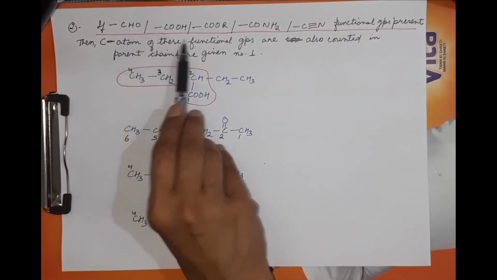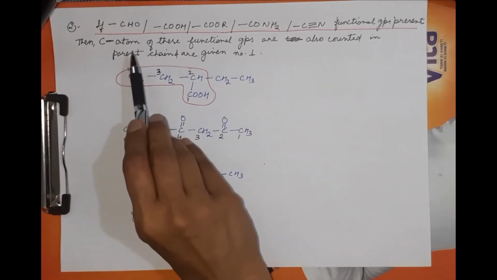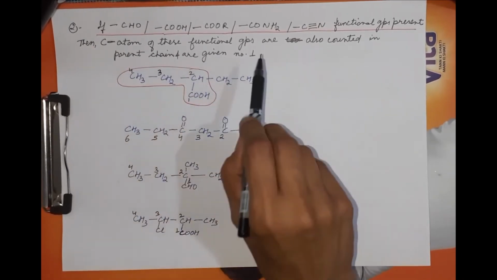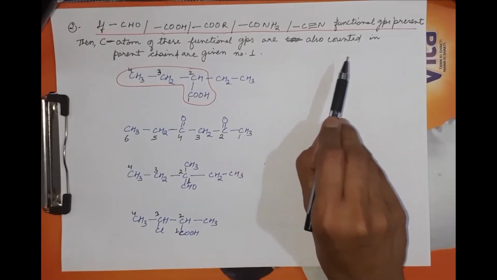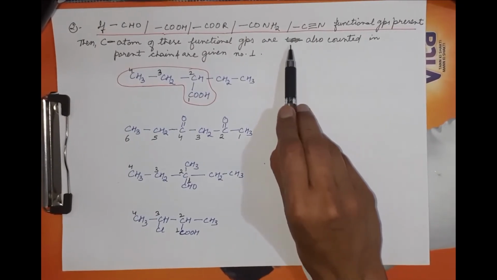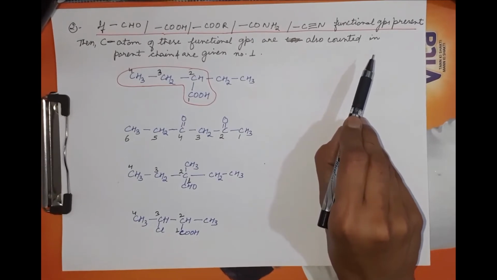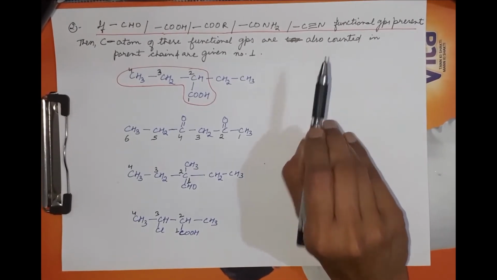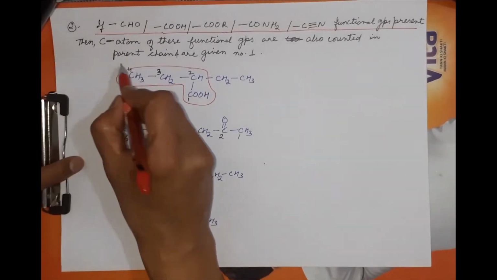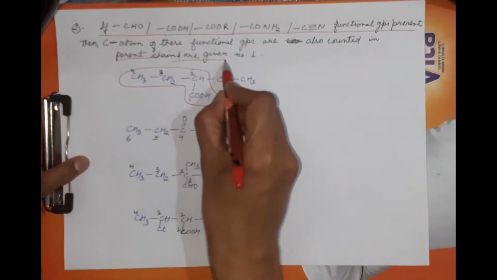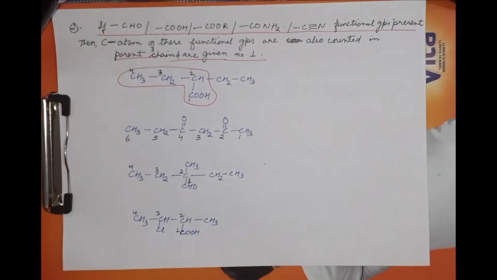We can see all these functional groups are having a carbon atom in them. And so in such cases, the carbon atom of the functional group is also counted in the parent chain, and it is given number 1.